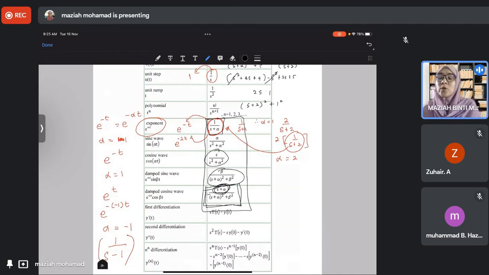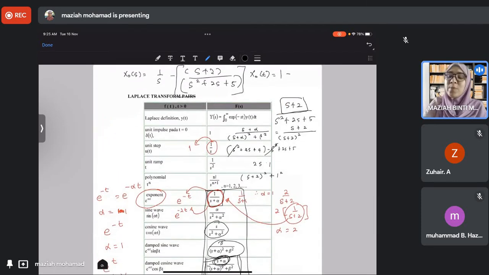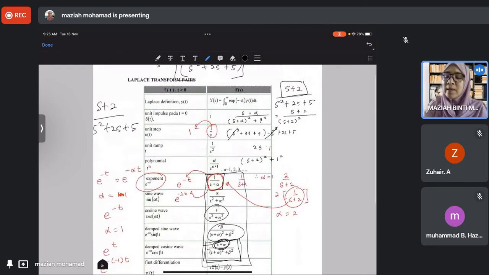So the objective is to manipulate so that we get the same function as the standard form. Meaning if we manipulate s plus 2 over s squared plus 2s plus 5 to the standard form, maybe in terms of, let's say, this one here.